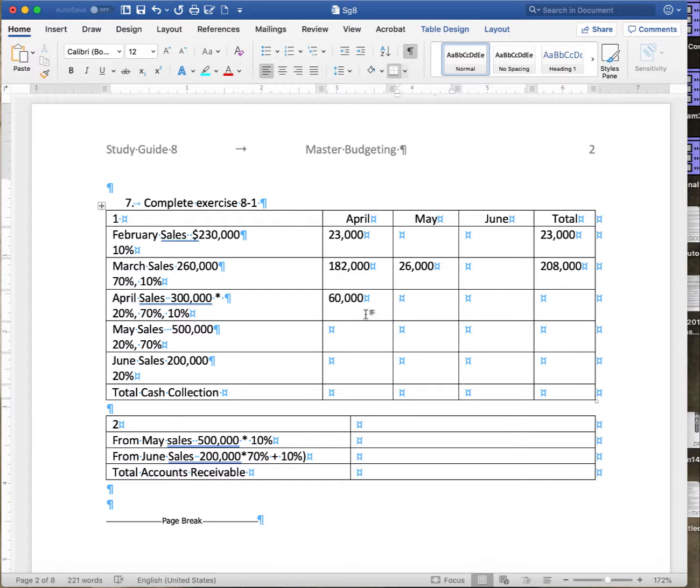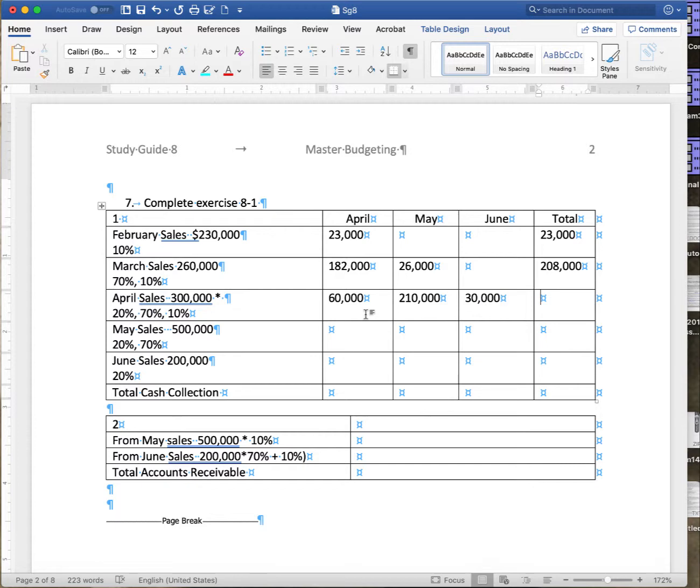In May, I'm going to collect 70% of April's sales. 70% times 300,000 is 210,000. The month of June is 2 months after April. Well, I know 2 months after the sale, I collect 10%. So in June, I'm going to collect 10% of April sales, which ends up being $30,000.